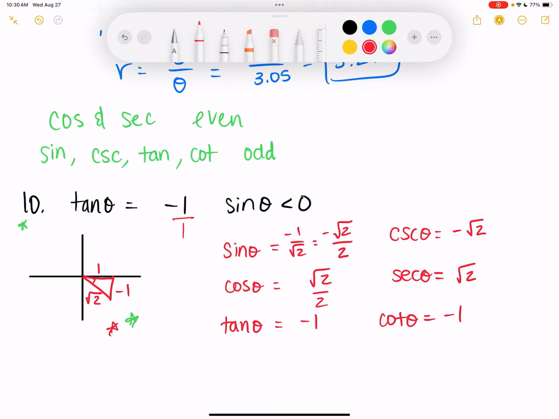Would secant be 2√2/2? Well, yes, but it would then reduce the two on top. Because technically cosine started out over here as 1/√2, and then you just rationalized it right away.